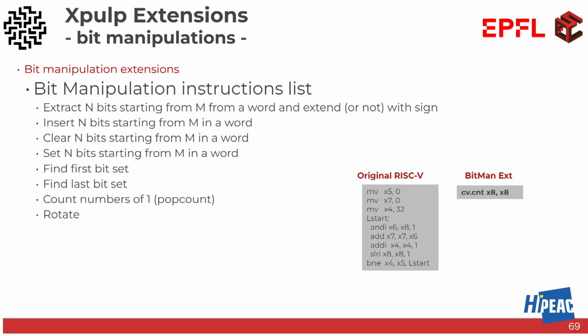Those are very popular in binary neural networks, or in general when you have control code and you have to, for example, check how many cores synchronized in a barrier because they are setting one when they are waiting. And so you want this register to be equal to F if the cores are 4, for example. Or for handling priority stuff, find the first one, find the last one, so you know exactly which index has the highest priority, and so on.